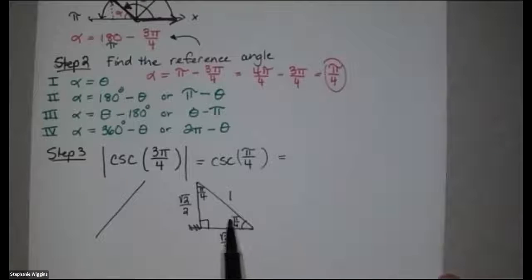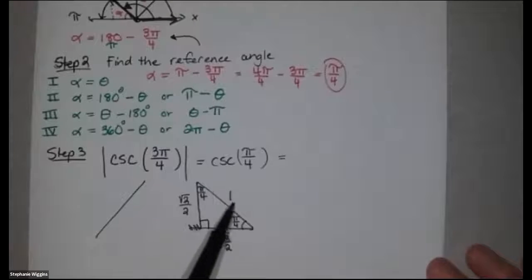For our angle here, pi over 4, we want the cosecant, which is 1 over y, since our r equals 1, okay? Because this is the reciprocal of our sine function. So we want the hypotenuse, which is 1, over our opposite, which is square root of 2 over 2.